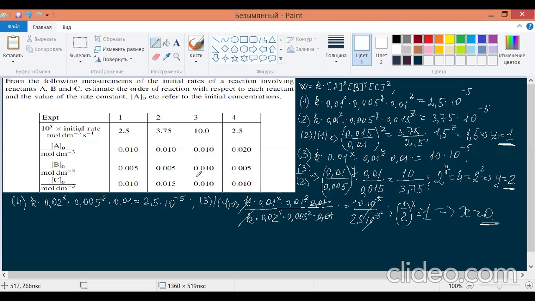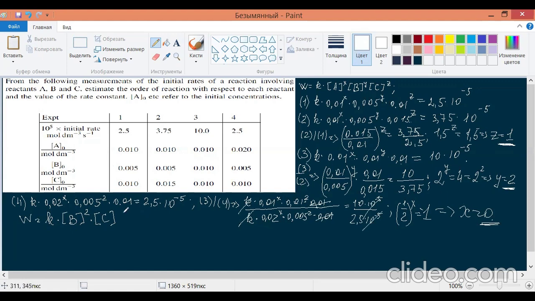Now we have all the orders with respect to all three reagents, and we can write that the rate of reaction is equal to k times the concentration of B squared times the concentration of C. Here it is.